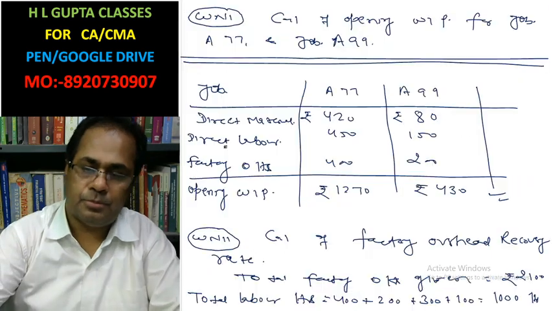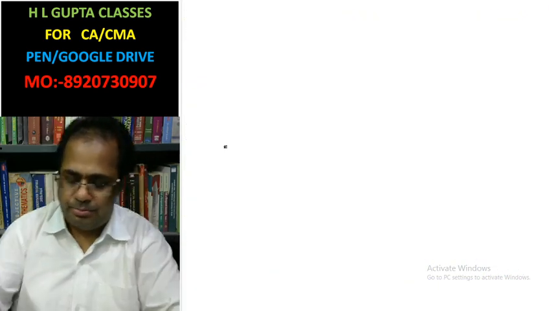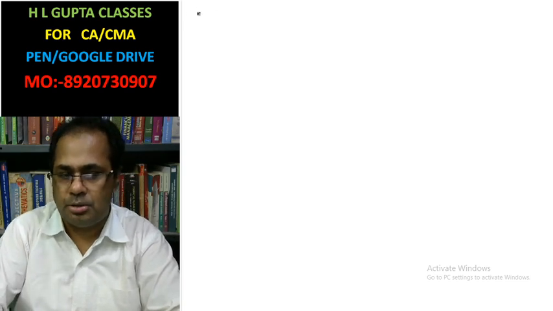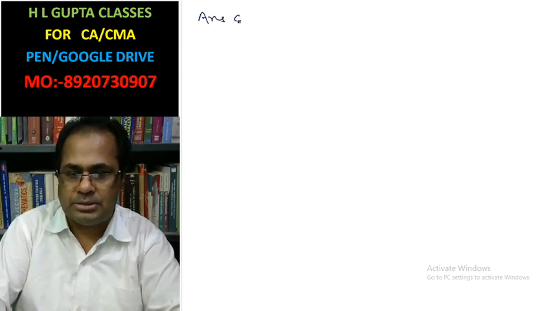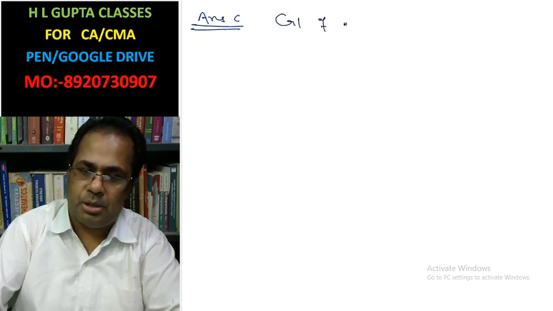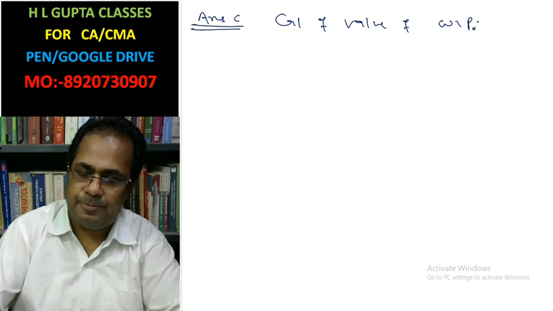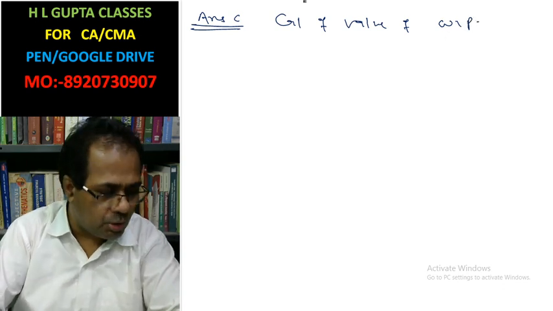Okay, now the answer of C part. Look at it. Answer of C part: calculation of the value of work in progress, that is the closing value of work in progress.